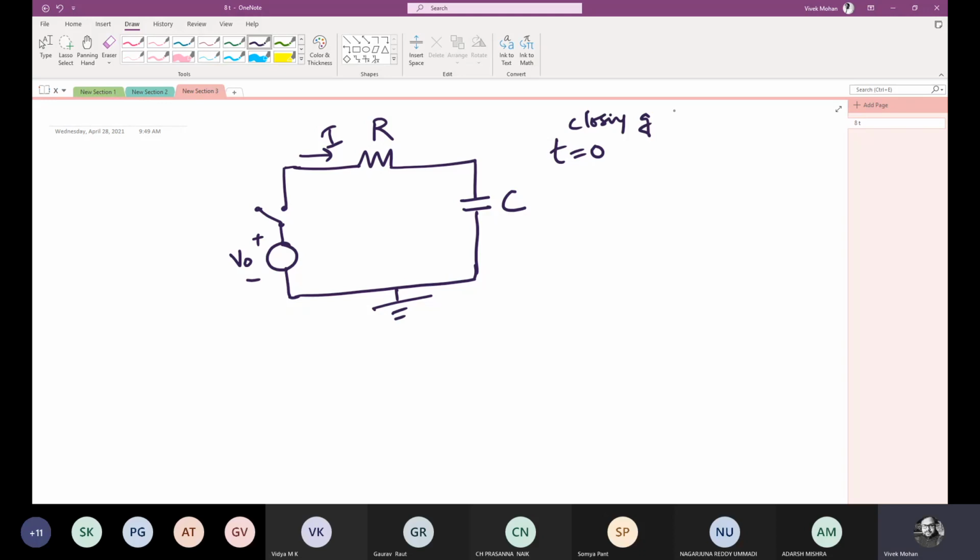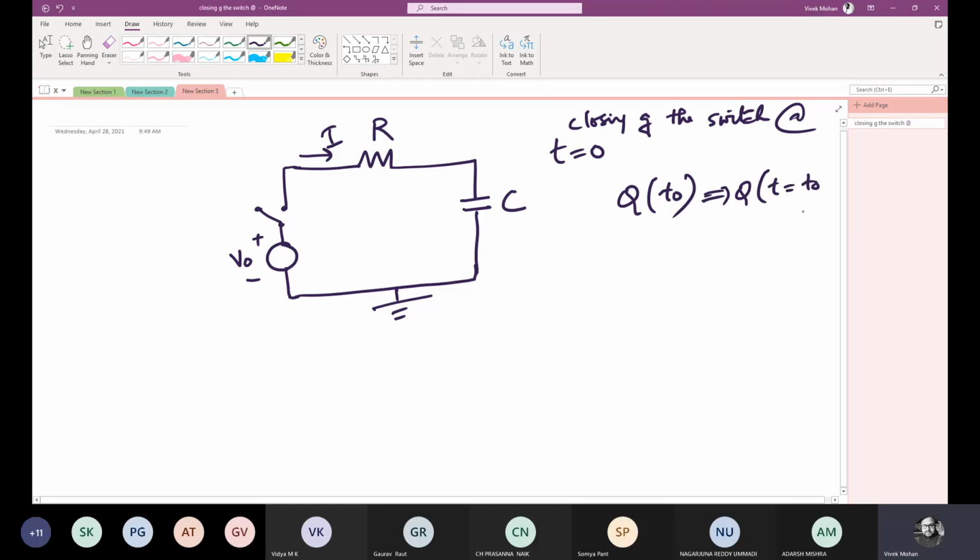We assume that there is no charge on the capacitor initially. That means Q at t equals t0, where t0 equals 0, is 0.